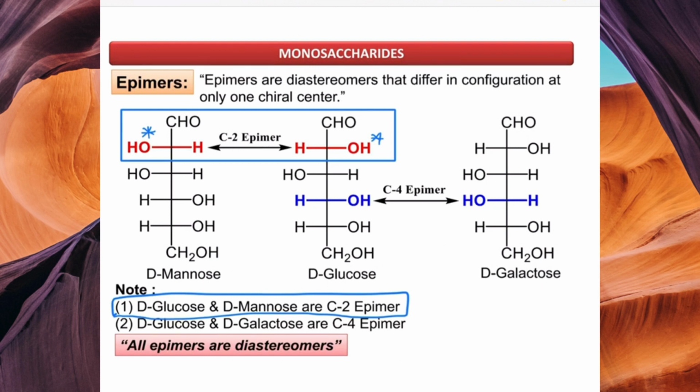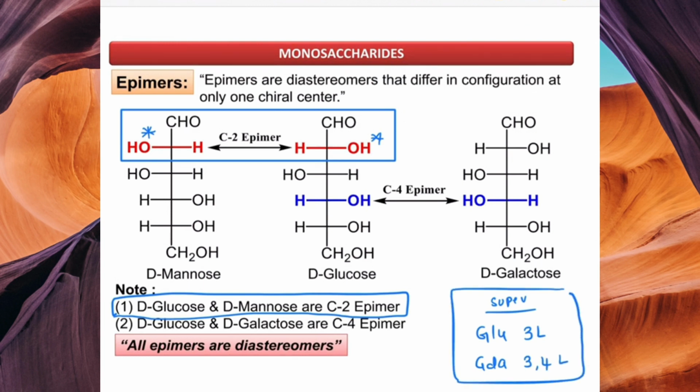Similarly, D-glucose and D-galactose, very, very important. The super trick is to remember that in glucose it is 3L, and in galactose it is 3, 4L. The difference between glucose and galactose is at the fourth carbon, hence we call glucose and galactose C4 epimers.